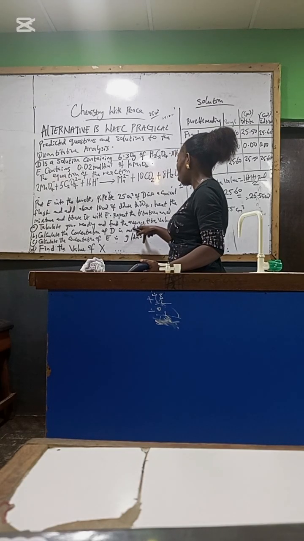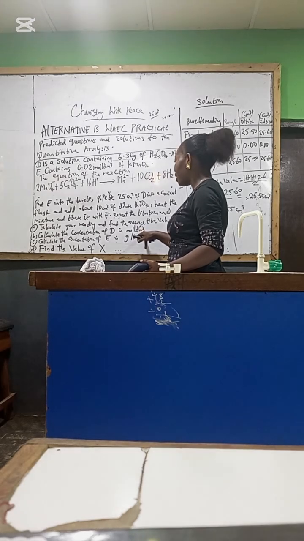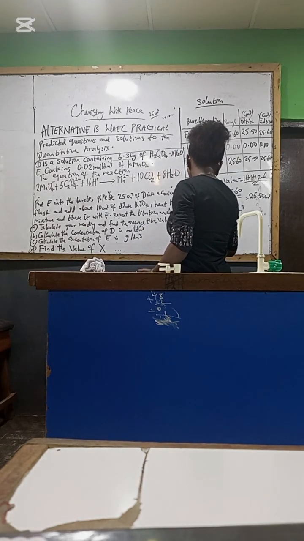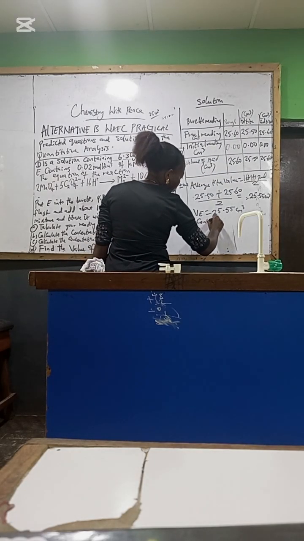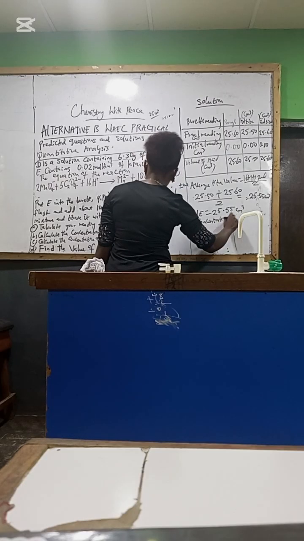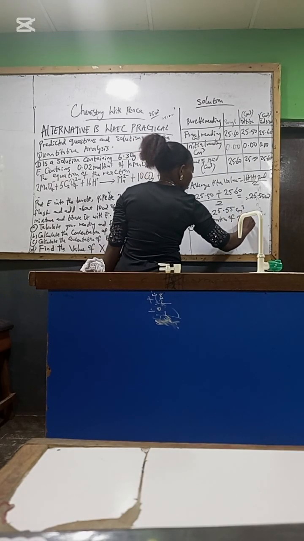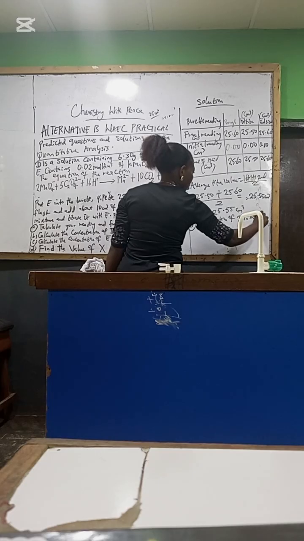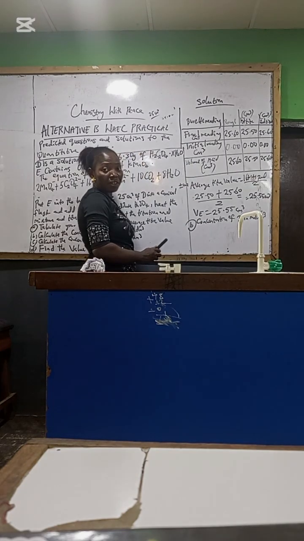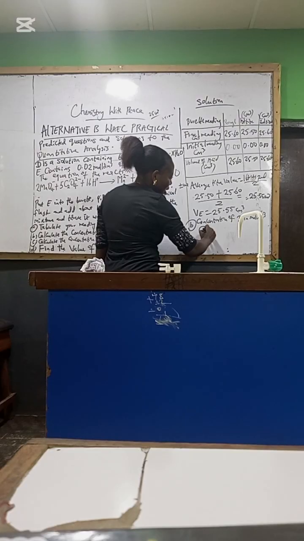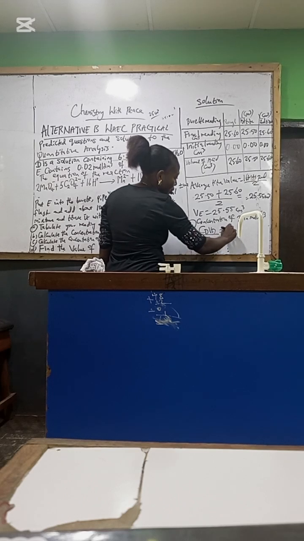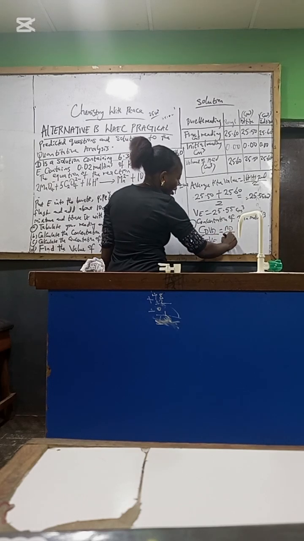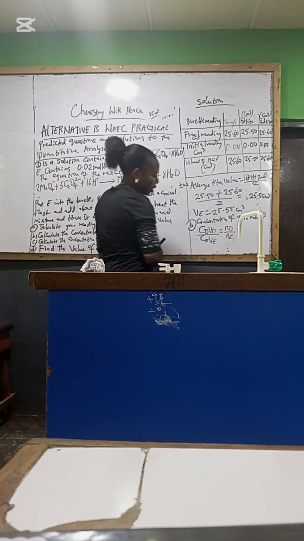And to answer that question, we are using the formula CD VD over CE VE equal to ND over NE.